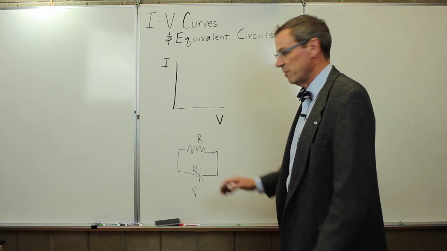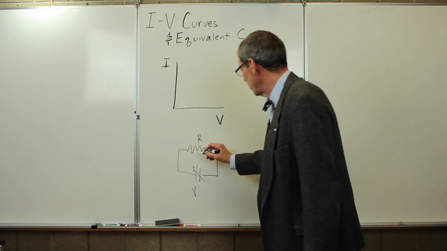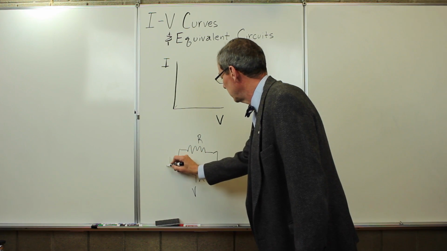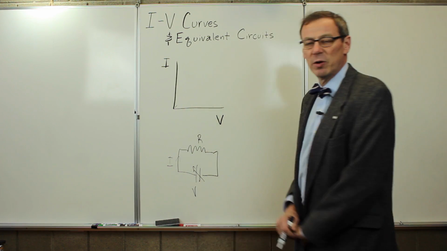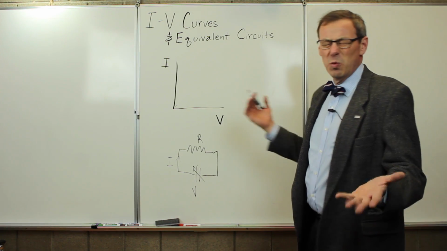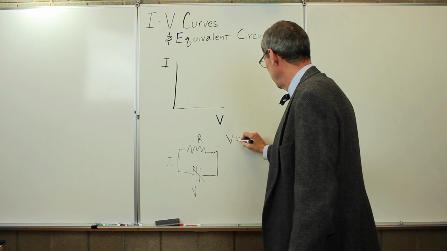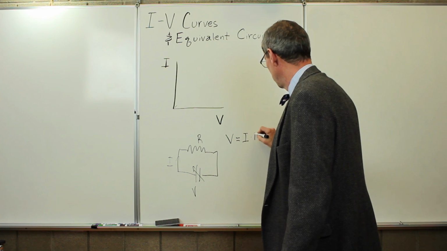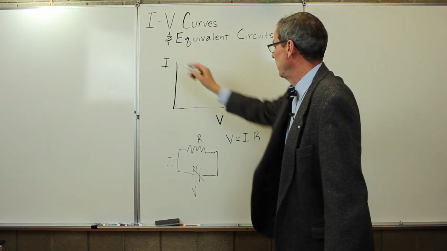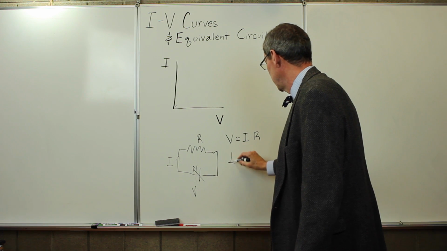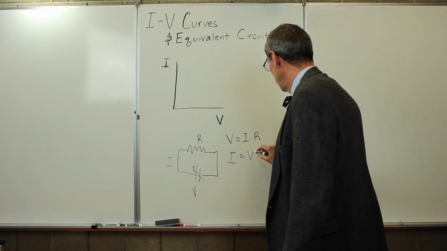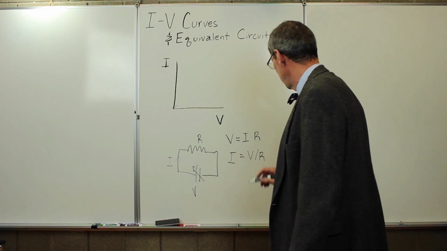We're going to tune it from various values. And we're going to measure the current I that is going through that resistor R. We already know the answer to this. It's Ohm's law. The voltage is the current times the resistance, or since we're plotting current on that axis, the current is simply the voltage divided by the resistance.